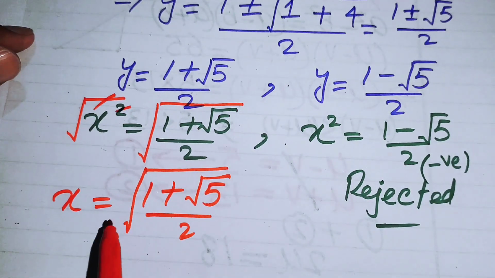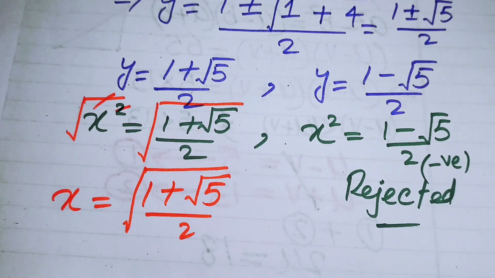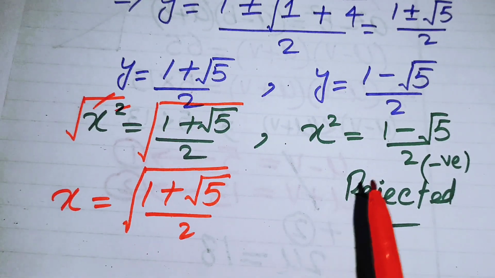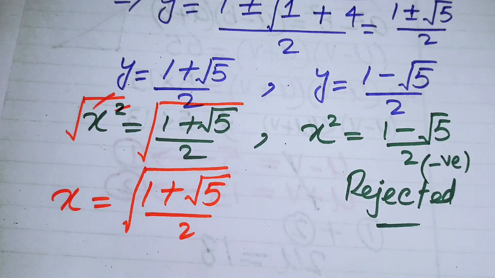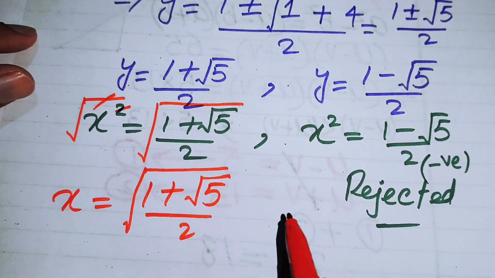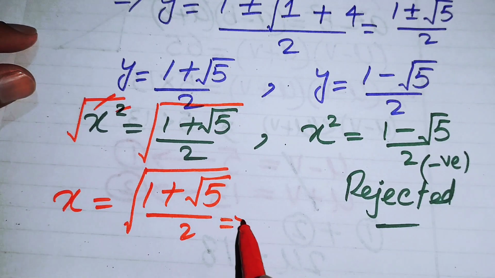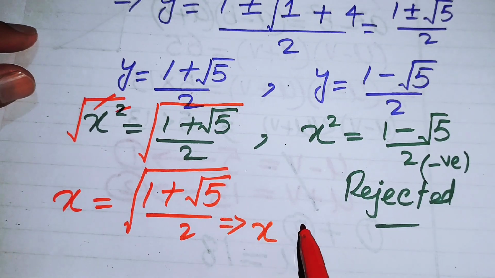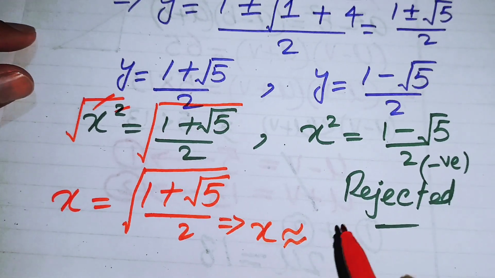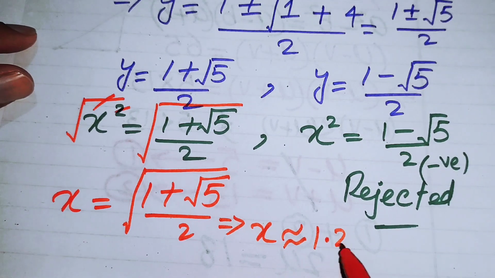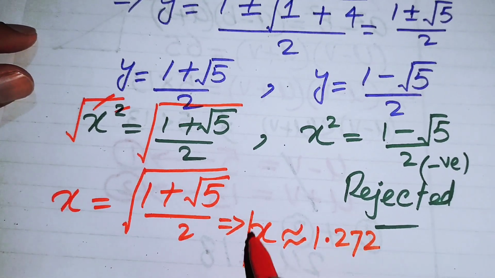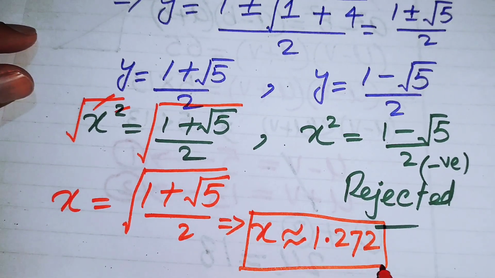Here I cannot write the plus minus sign, because we need only the positive value, because we will reject the negative value. So here you use the calculator, then you will easily get the value of x is approximately equal to 1.272. So this is our final answer of this problem.